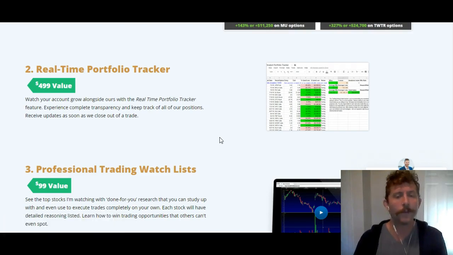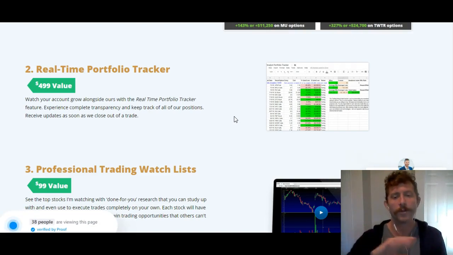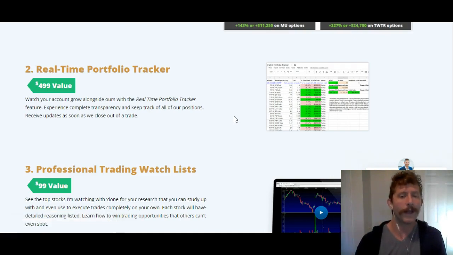Every single trade that we place, winners and losers, gets uploaded here to the real-time portfolio tracker. This is something that you're going to have access to when you join. It's 100% transparency, winners, losers, everything. You're going to be able to track our trades. It also lists our open positions, so you can track everything on a real-time basis.